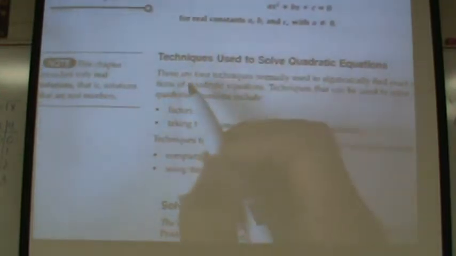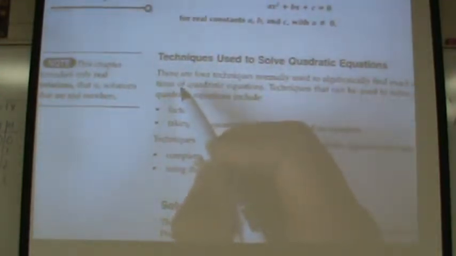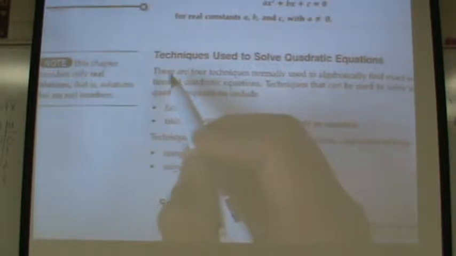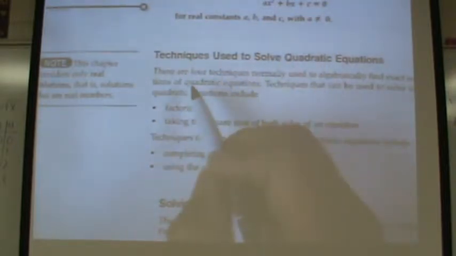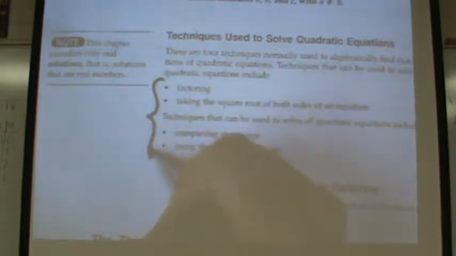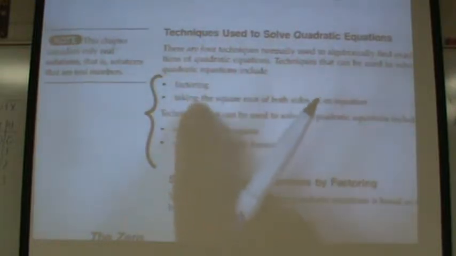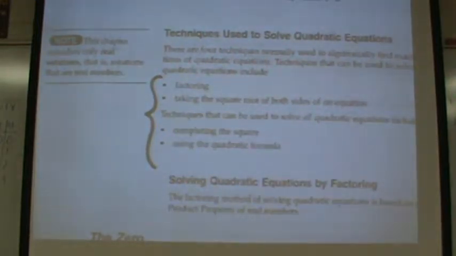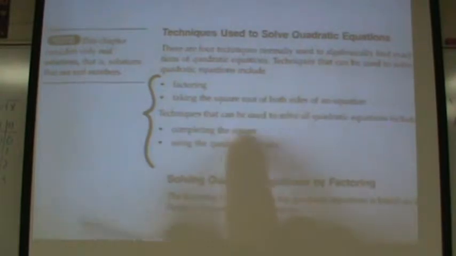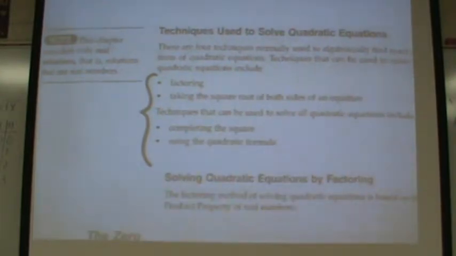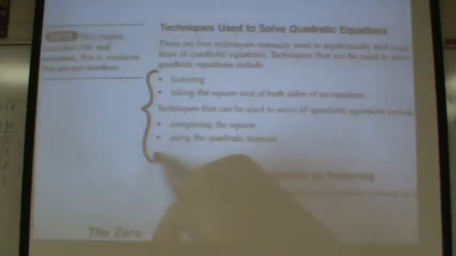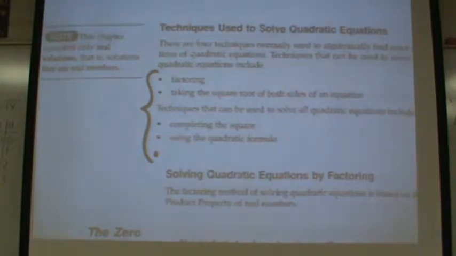We're going to review all the different techniques used to solve a quadratic equation. There's 4 techniques that you can use in the homework today. Two of them you can't do on every kind of problem, but 2 of them you can do on every problem, and I'm going to add a 5th way. You'll have to wait till I'm done.